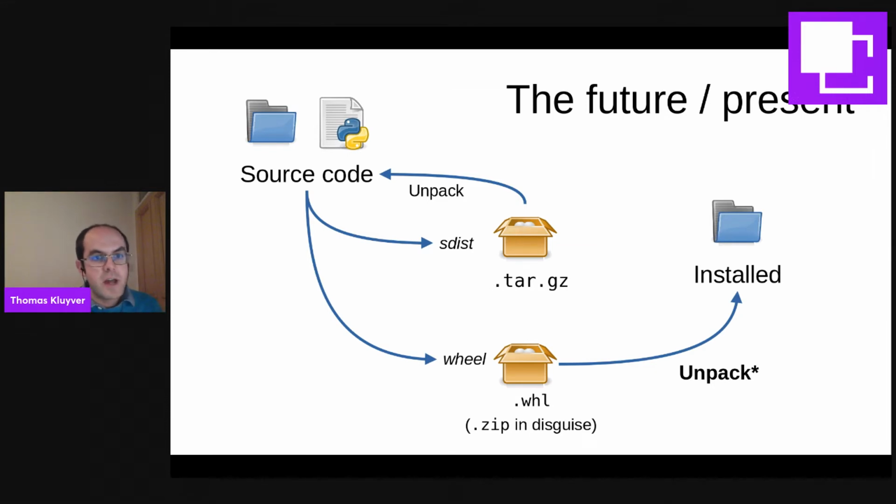And this is what we're aiming for, and to some extent what we've already got now, that we've taken out that direct install, we've taken out installing directly from an sdist, and the only way in this kind of future / present variant is to install from a wheel.